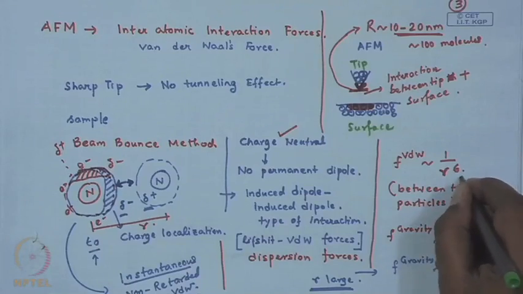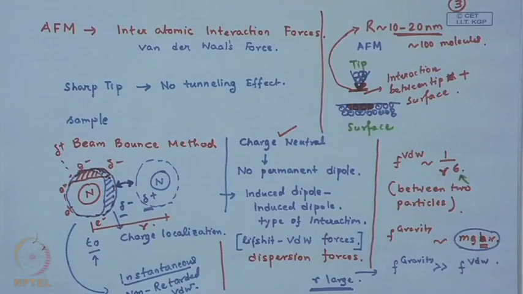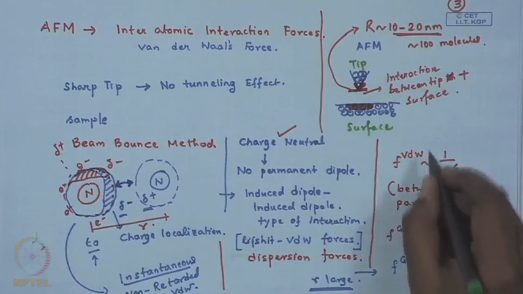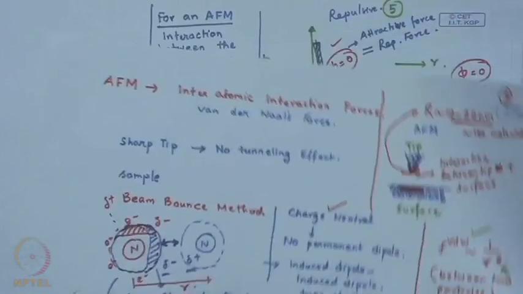This type of induced dipole interaction is known as the Lifshitz van der Waals force, or the van der Waals force. There can be other types of interaction as well, such as permanent dipole, or permanent dipole induced dipole interaction. We are not going into those details. What we agreed is that this attraction between two fundamental particles scales as 1 by r to the power 6, and in comparison to gravity, at the nanoscale these forces dominate a lot.